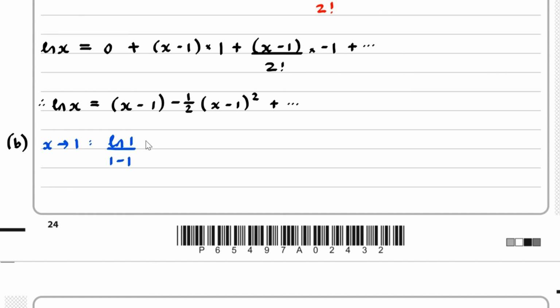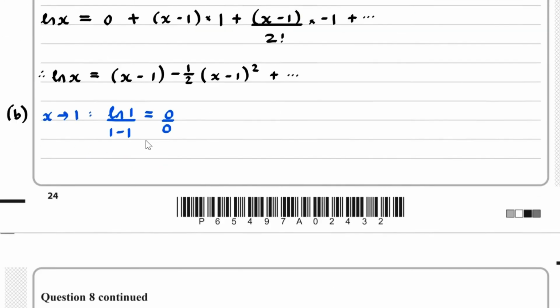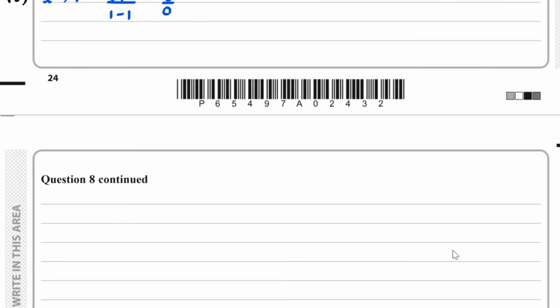So we've got something of the form 0 over 0. And what we have here is an indeterminate form, so we have to use our Taylor series expansion.